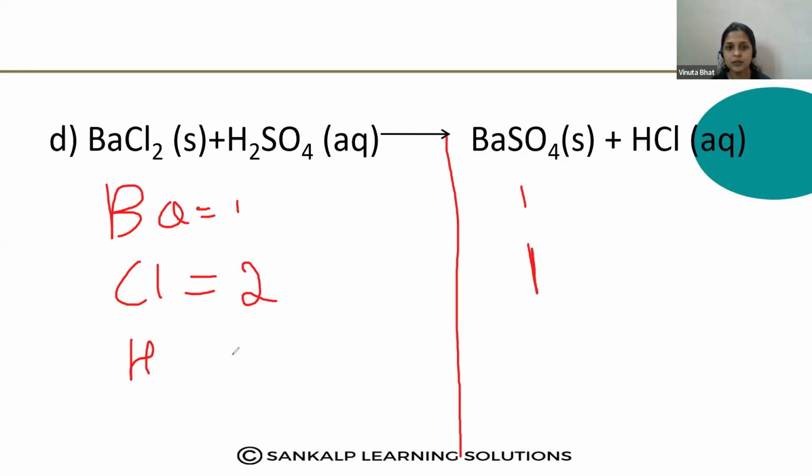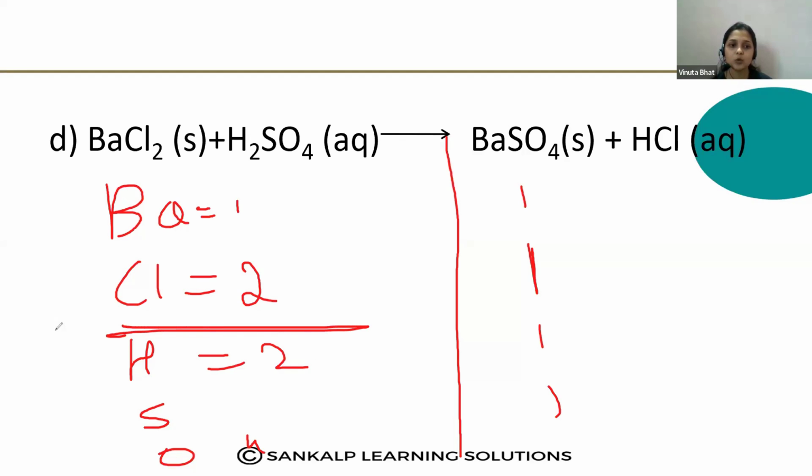Hydrogen is 2 here, and here hydrogen is 1. Sulfur is 1. Oxygen is 4. That is the same. So we have to start with balancing the chlorine.